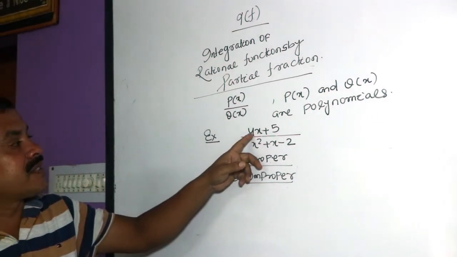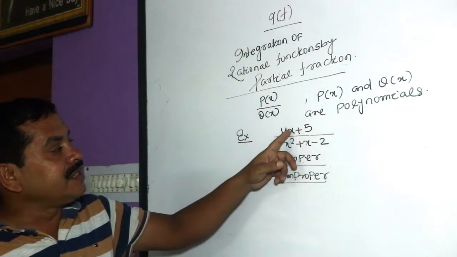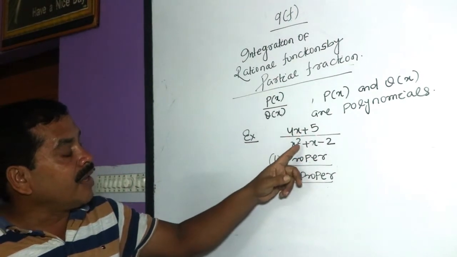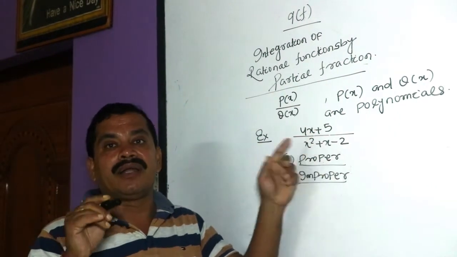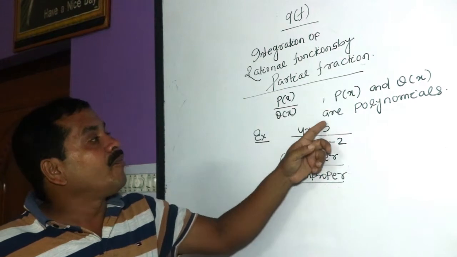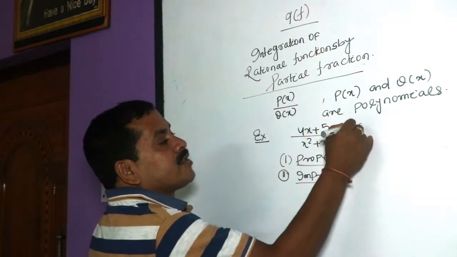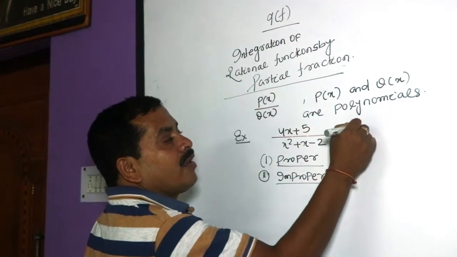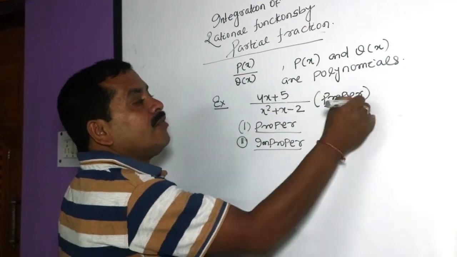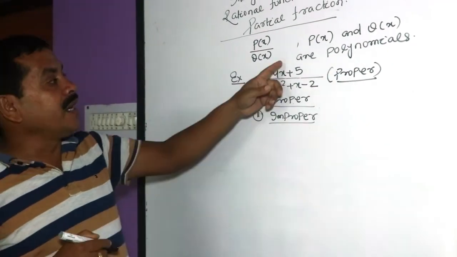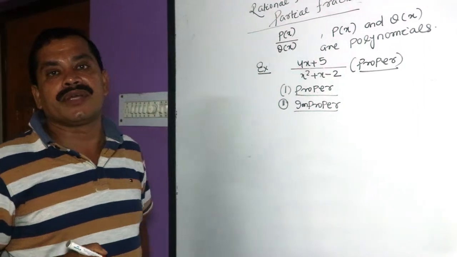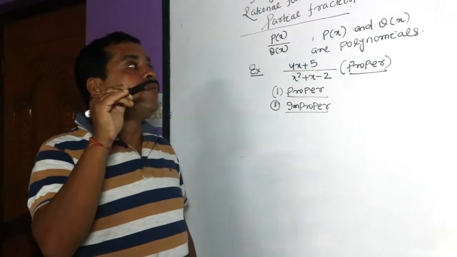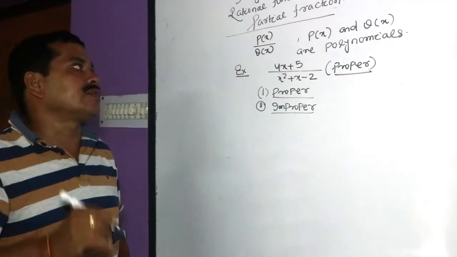Here p(x) is of degree 1, a linear polynomial, but the denominator is a quadratic. So it is a proper rational function, because the degree of p(x) is less than the degree of q(x).